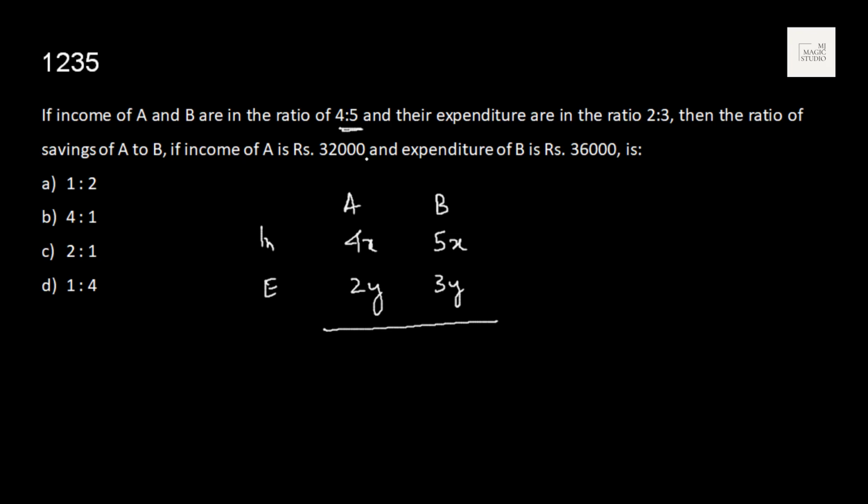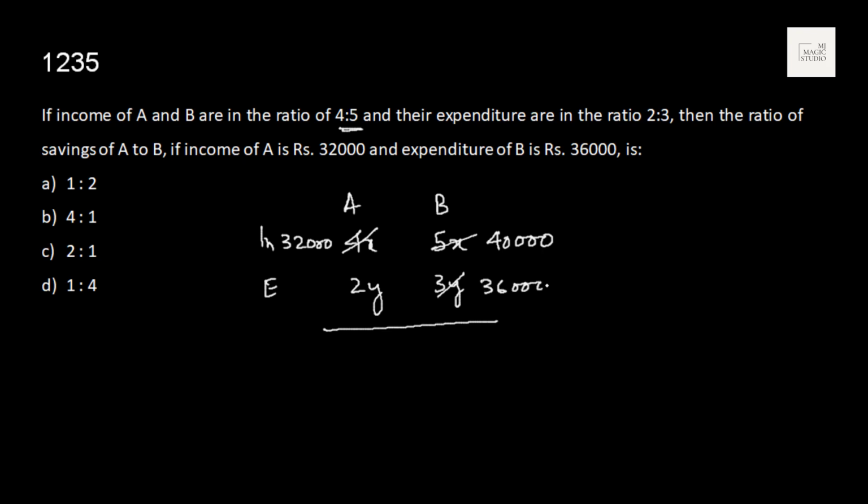If income of A is 32,000, dividing 32,000 by 4, x is 8,000. Income of B would be 5 into 8,000, that is 40,000. And expenditure of B is 36,000.